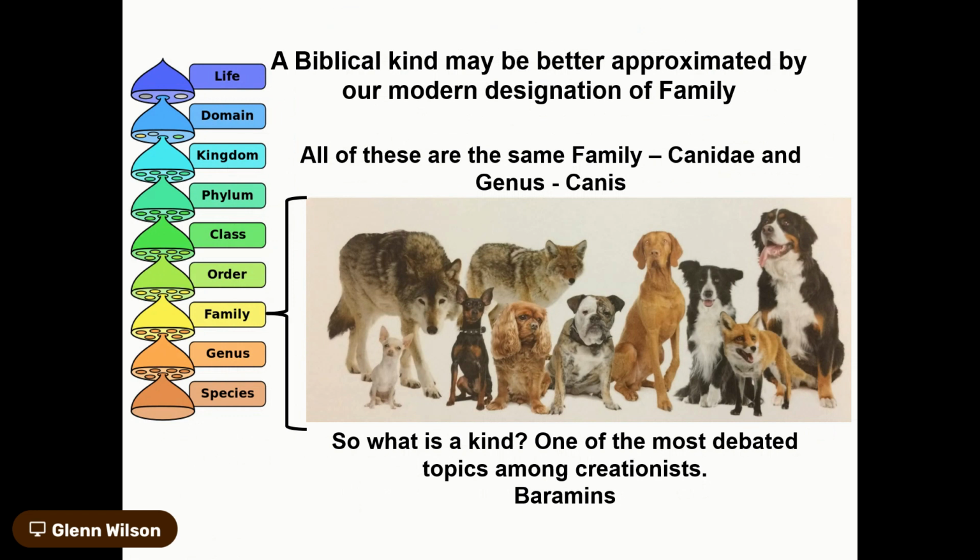It's baramin. Bara is created and min is kind. That's from the Hebrew. And so where do you make this distinction? Because now we're going to talk a lot about how we have so many different types of domestic dogs, but they are all of one kind. All of these are different in anatomic characteristics, but they can all breed.